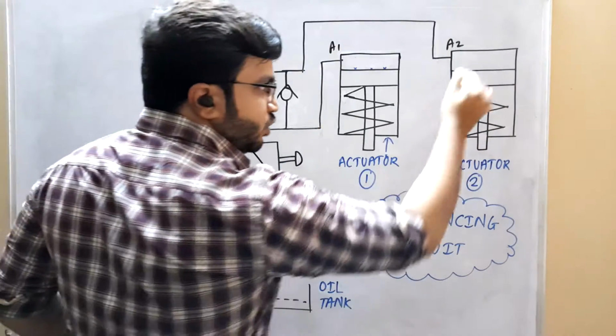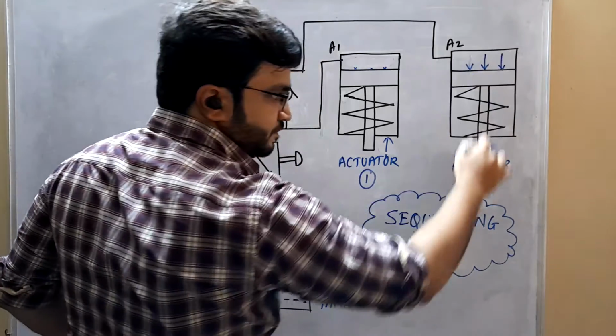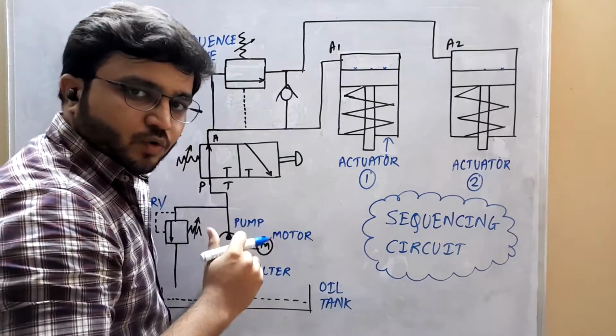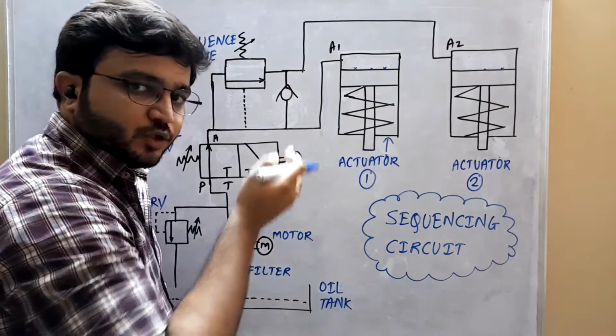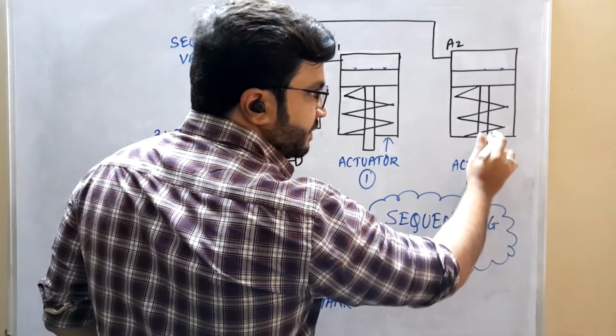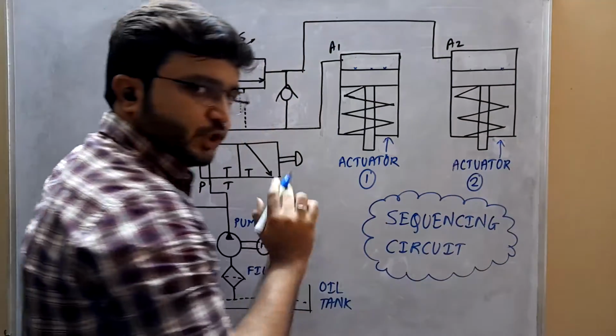Now here in the actuator 2, it will be pushing the piston in downward direction. That will be the forward stroke of actuator 2. Now during return stroke of actuator 2, the spring which was compressed during the forward stroke, it will start expanding and it will be pushing the piston in the upward direction. So this is the return stroke of actuator 2.